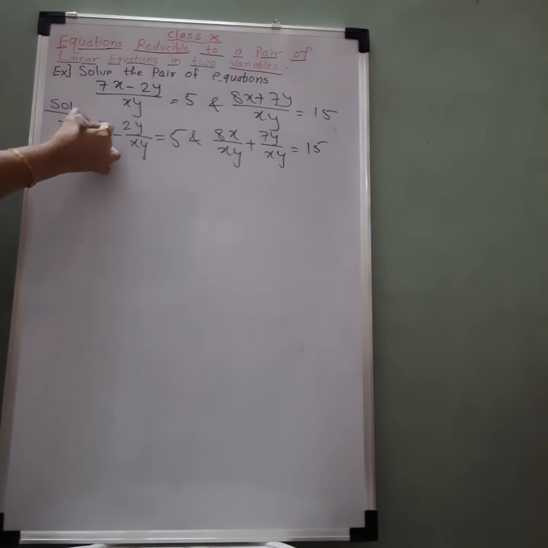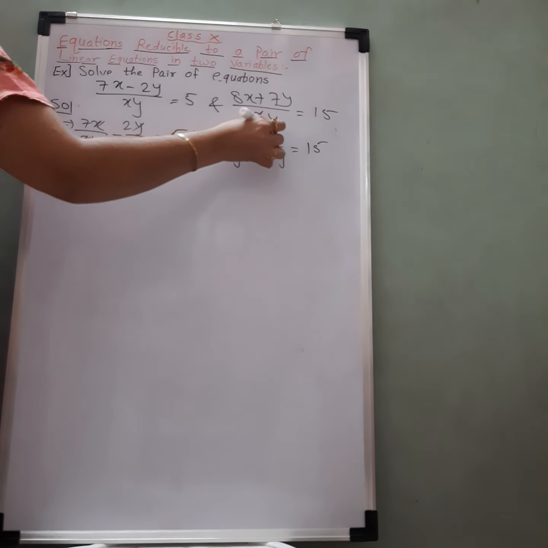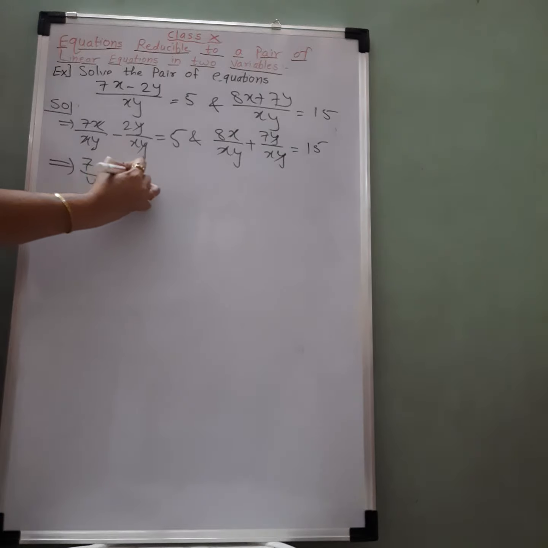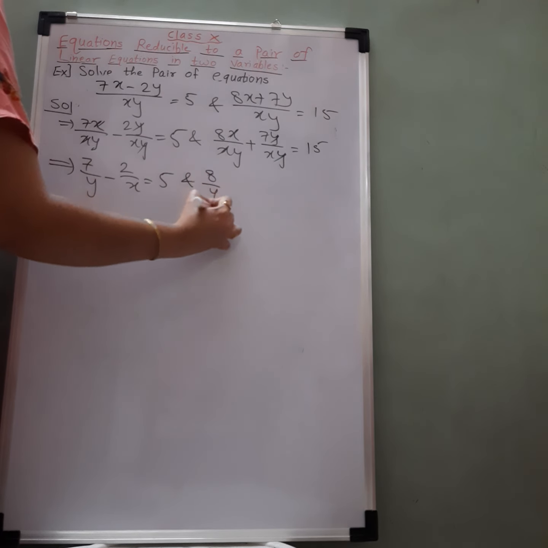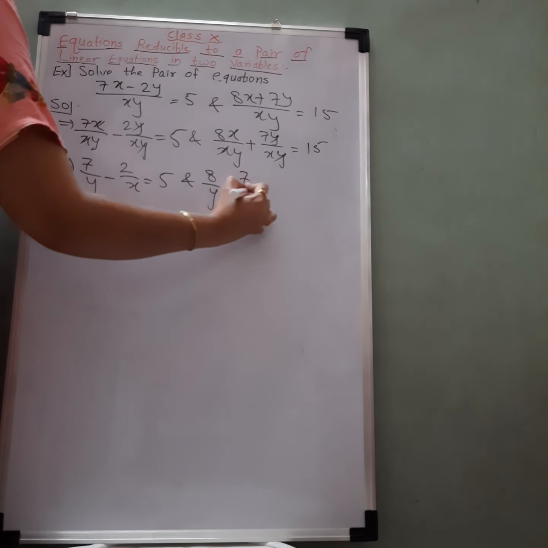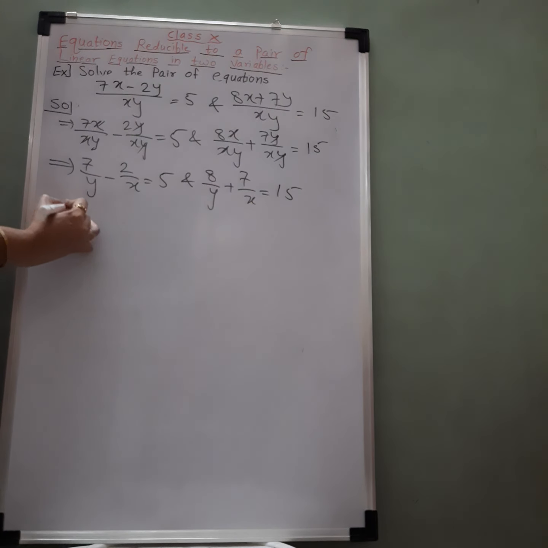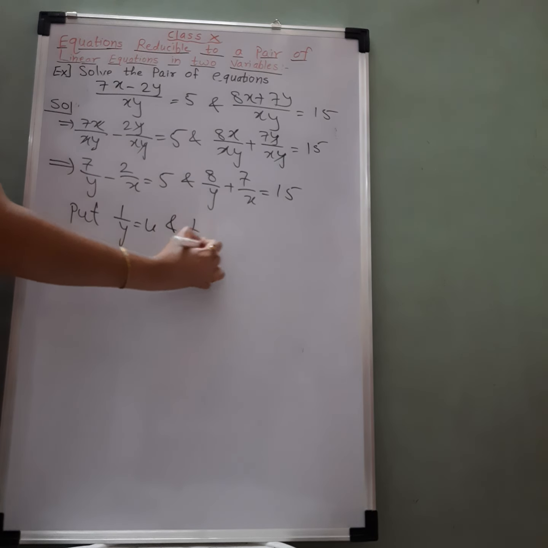Now here x will cancel, y cancel. So this equation becomes 7 upon y minus 2 upon x is equal to 5 and 8 upon y plus 7 upon x is equal to 15. Then as usual put 1 upon y equal to u and 1 upon x is equal to v.